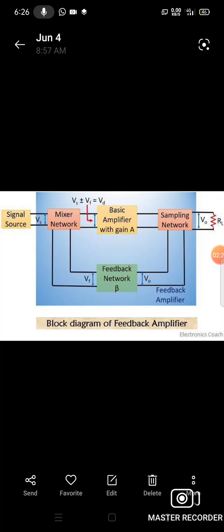That voltage is fed back to the input side through the feedback network, whose factor is beta. The output voltage of the amplifier is the input of the feedback network, and the feedback network output is the variable Vf.